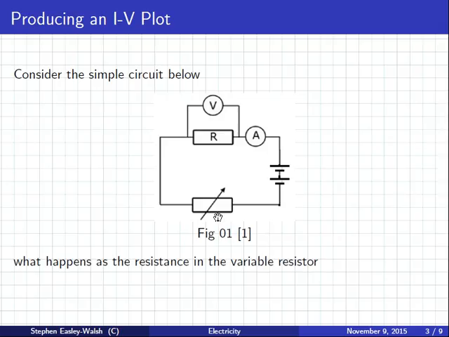If you increase the resistance here, you make the R bigger, what happens to IR? It gets bigger. So what happens to V? Gets bigger. So what happens to the voltage here? It gets smaller. So by changing this, you can change the voltage and the current would also result in a change.